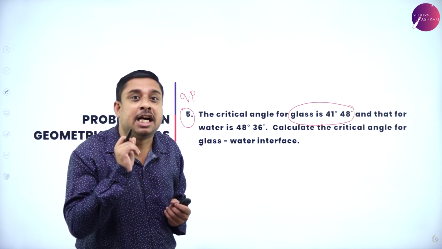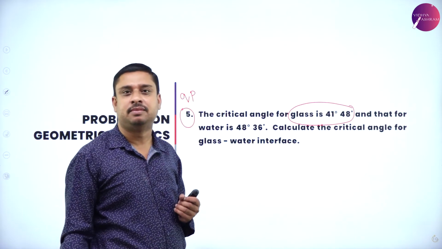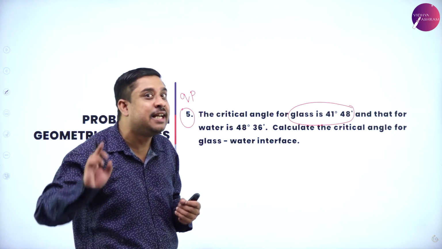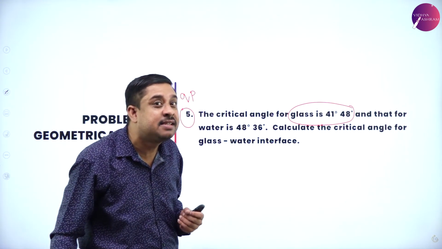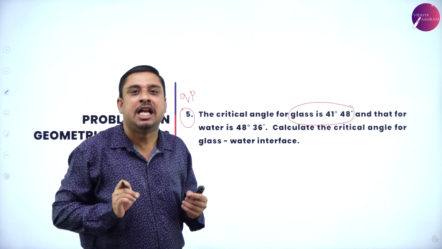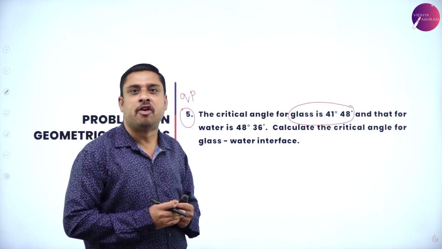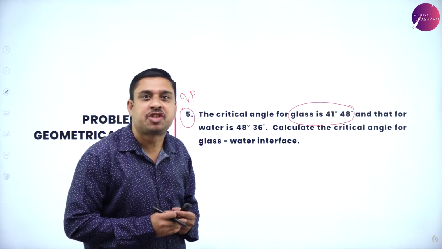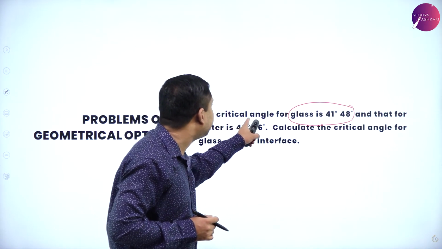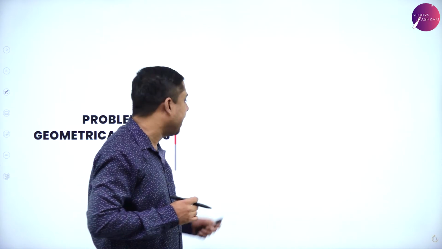It is the angle of incidence in the denser medium, for which angle of refraction in the rarer medium is 90 degrees. Critical angle for glass 41 degrees 48 minutes.